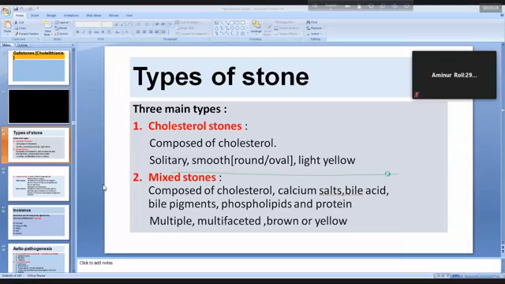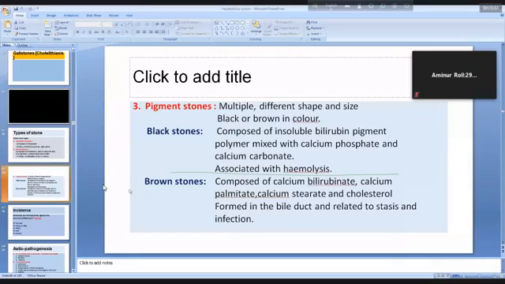And the last one is the pigment stone. The pigment stone can be recognized by its brown to black color, and they are usually multiple, of different size and shape. Some are smaller, some are larger, and some may be sand-like.